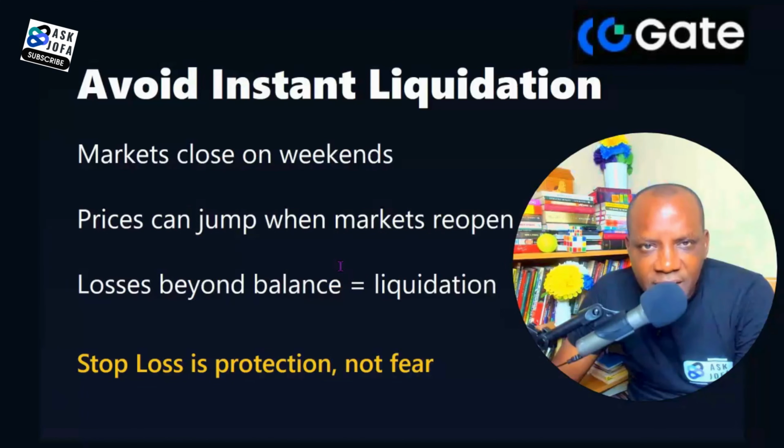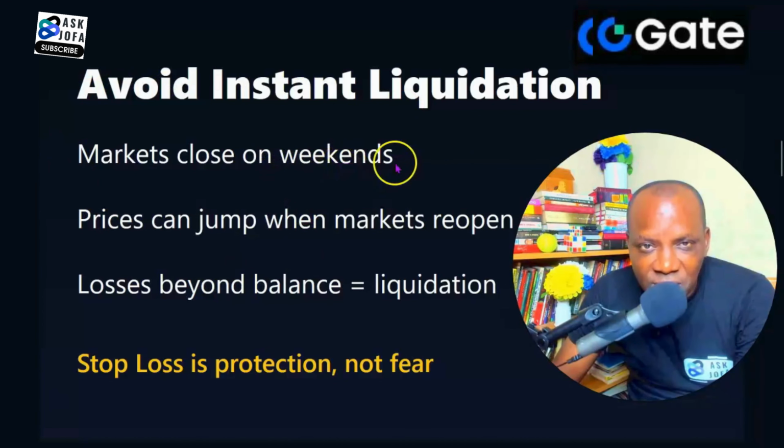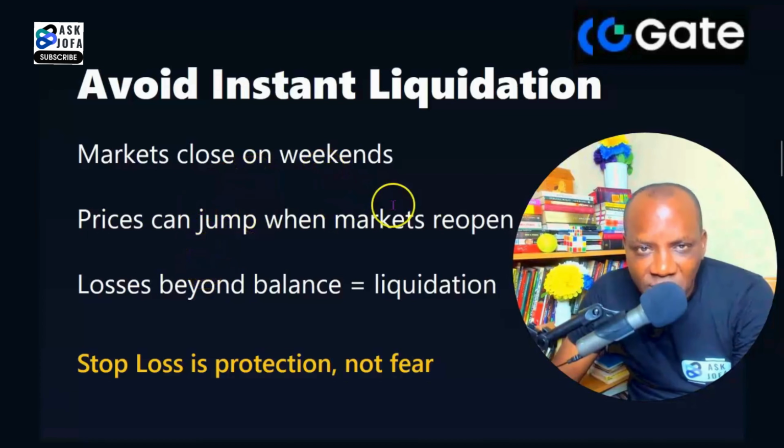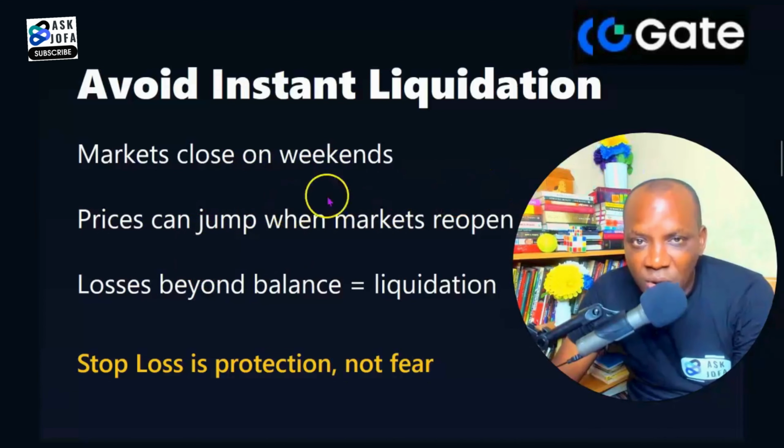This is very important. When your losses exceed your available balance, that is when liquidation happens. You can avoid this by preventing your trade from going through the weekends. You see, traditional markets close on weekends. That is trading stocks, gold, silver, commodities.